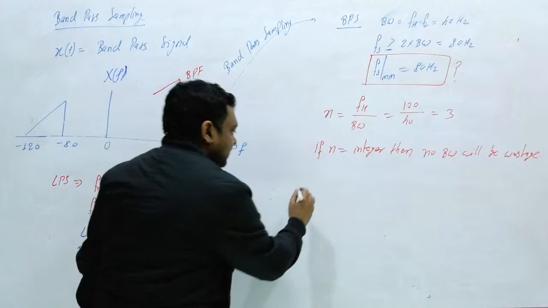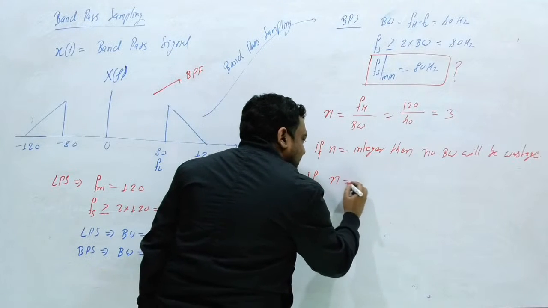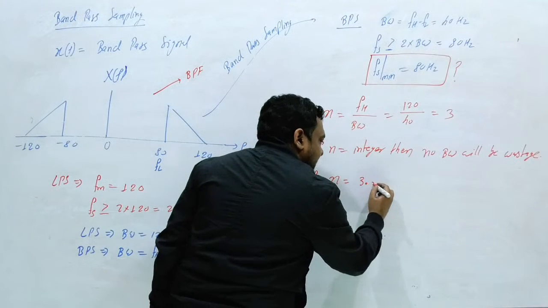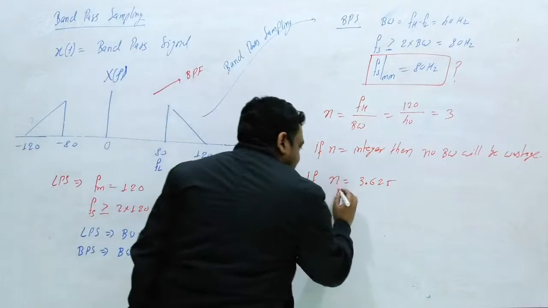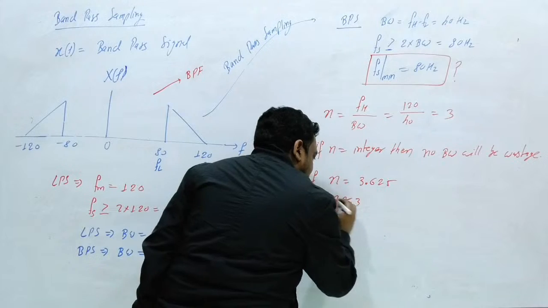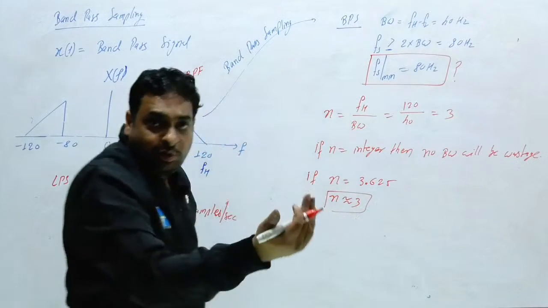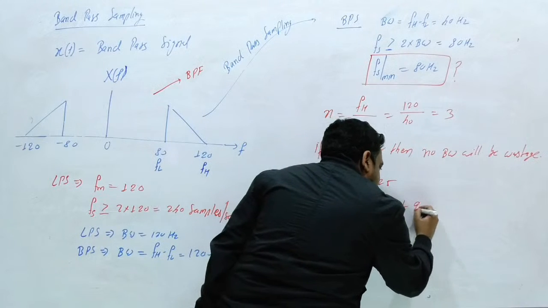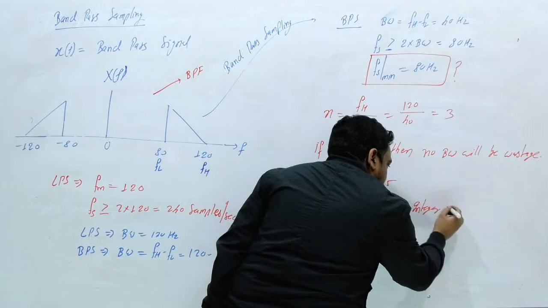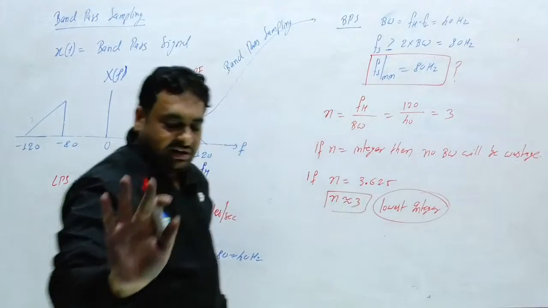Suppose, for example, you are getting n as 3.625, then you have to consider n is equal to 3. You have to consider the lowest integer. Why? I will tell you.